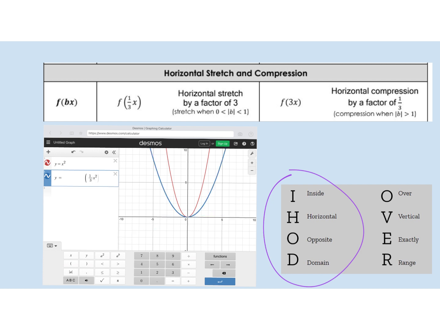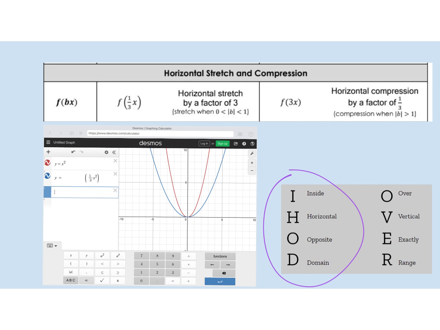It's very tricky because it looks exactly like the last one, but because it's inside the parentheses, it changes things a little bit. Now we're talking about a stretch that's horizontal, and I'll give you that visual here in just a minute.